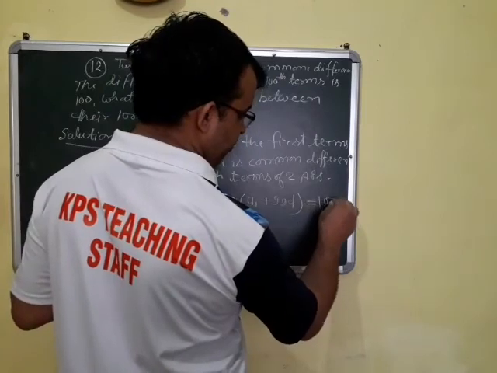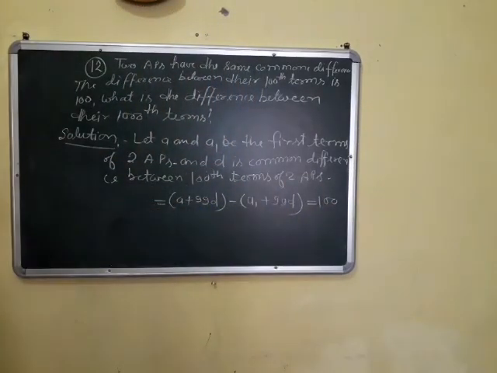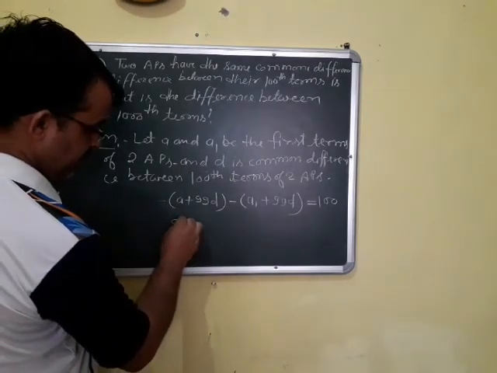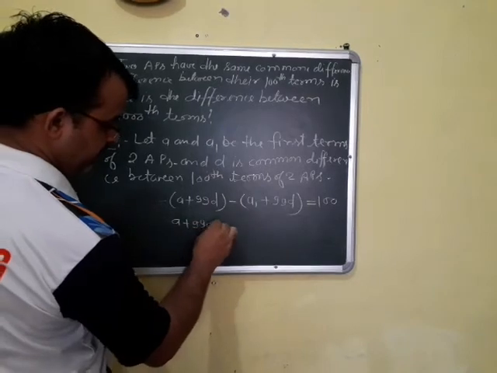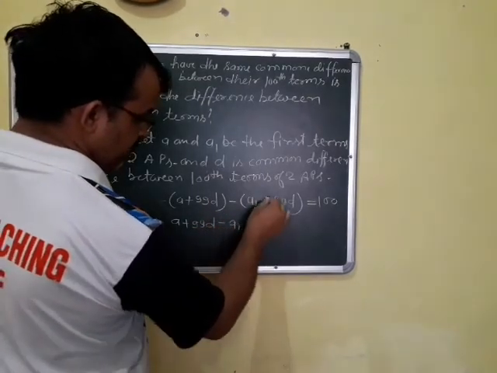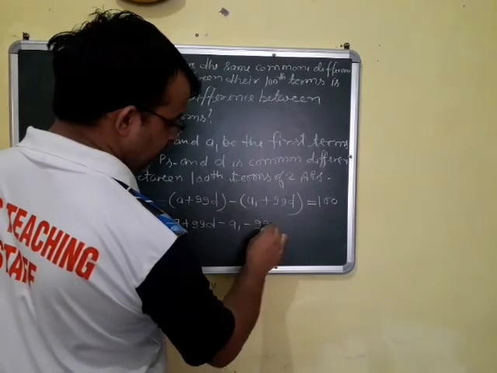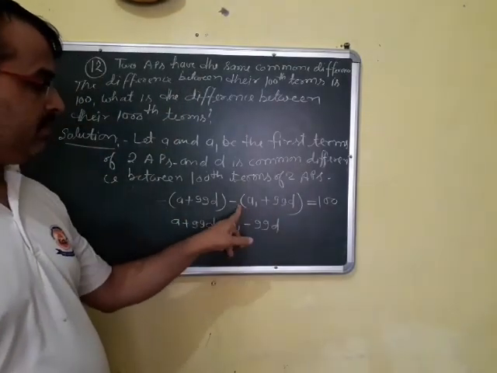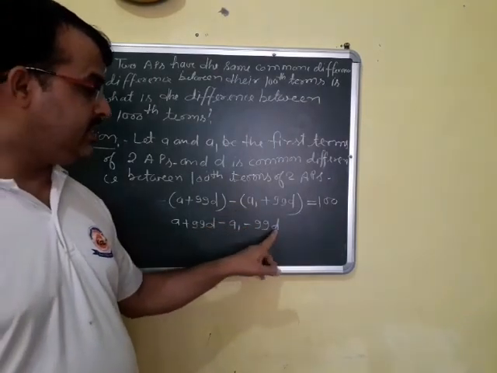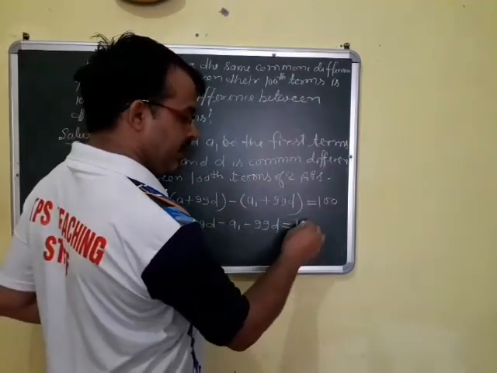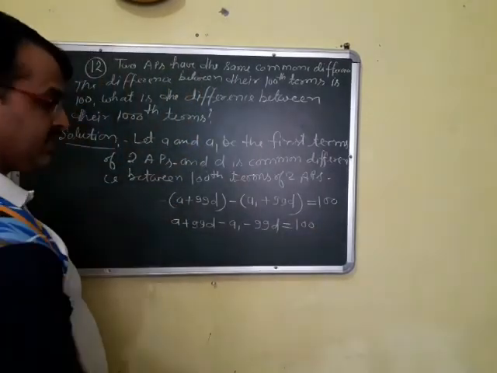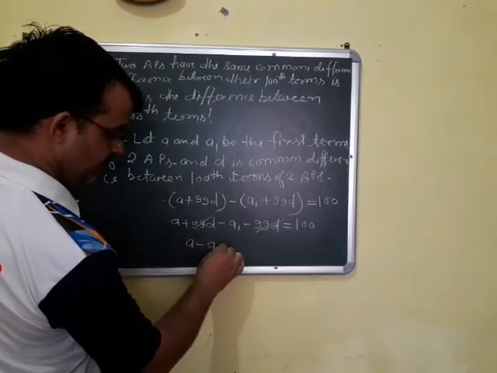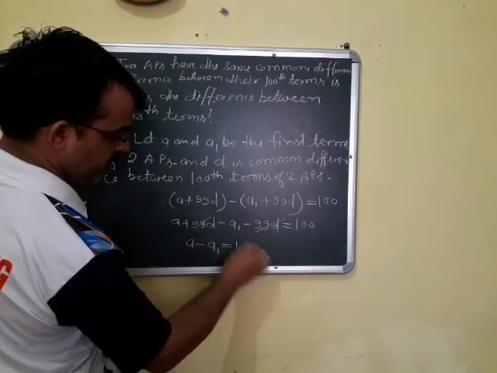We get here 100. Clear? To find it, when we open this one, we get a plus 99d minus a1 minus 99d is equal to 100. So this one cancels now. What do we get? a minus a1 is equal to 100.